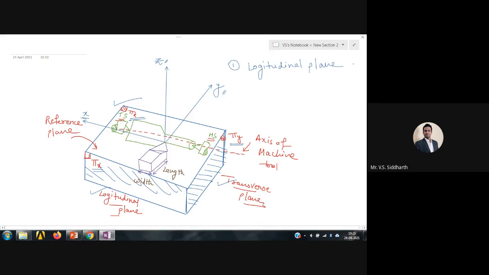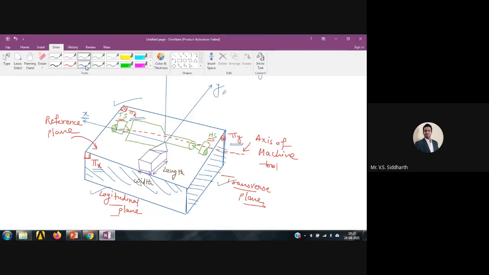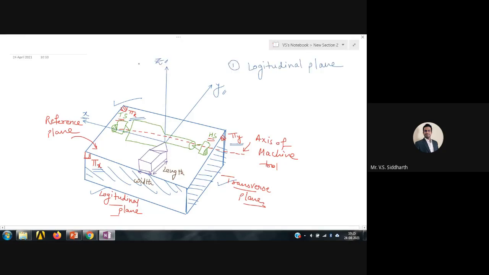Longitudinal plane. Observe carefully. Is it perpendicular to the length or perpendicular to the width of the tool?